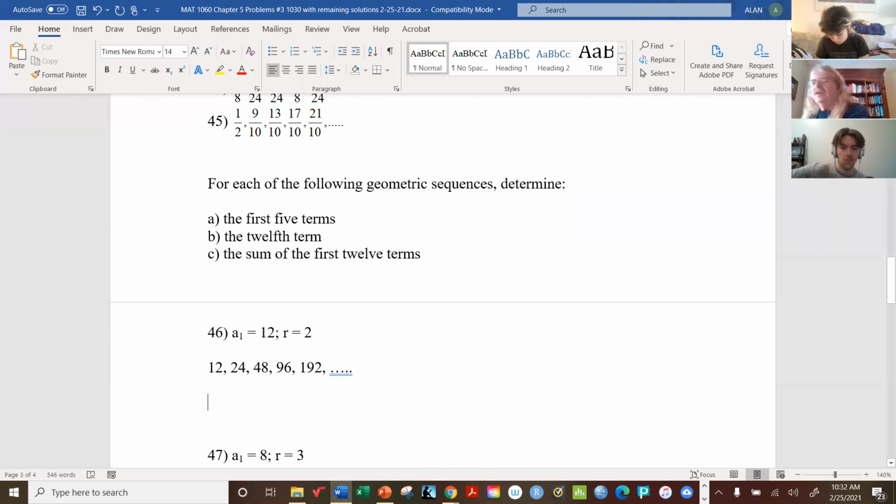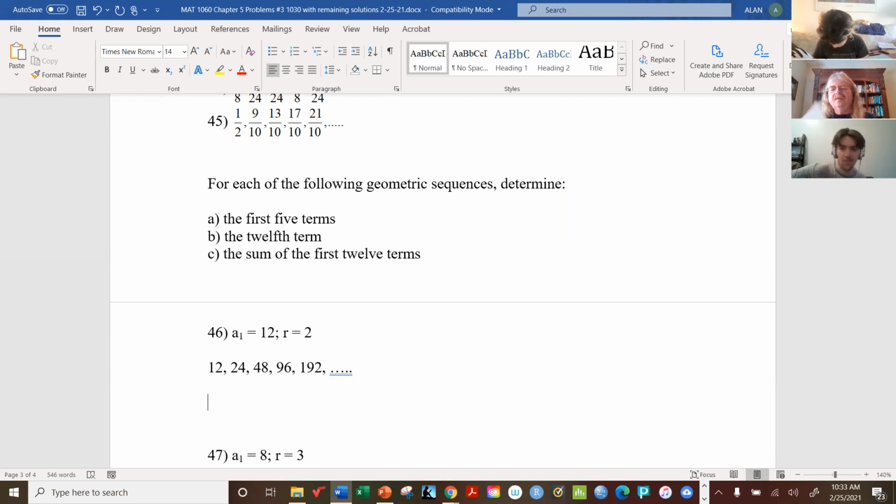So now what do we want to do? The next step is to find the 12th term. All right, so how do we do that? Well, there's a formula. Of course there's a formula. There's always a formula, isn't there? Yes. All right, so let's see what that is.